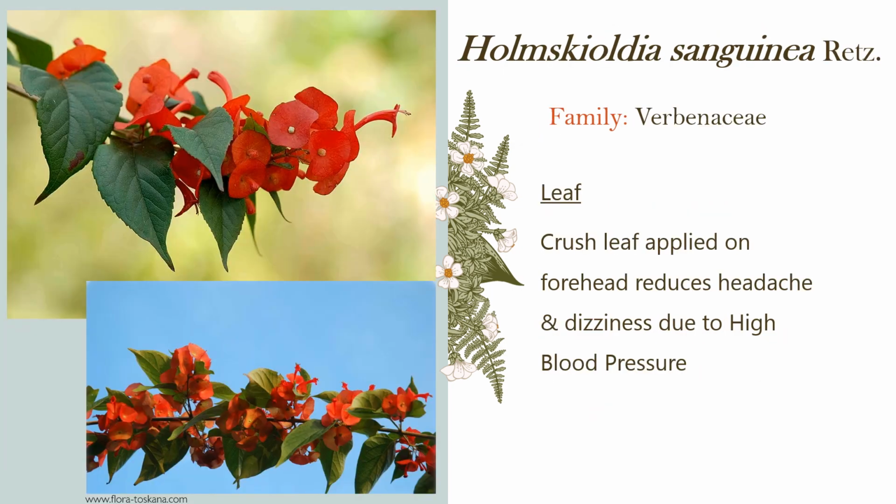So the next plant is Hamelia sanguinea. So this comes under the family Verbenaceae. So the leaf is used here. So the crushed leaf is applied on the forehead. So it reduces headache or dizziness due to the high blood pressure.